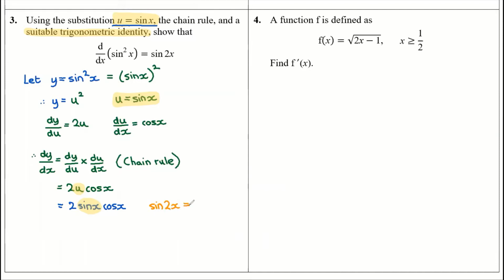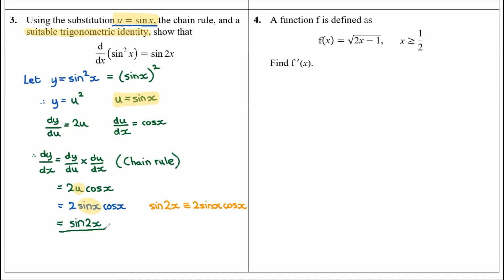So sine of 2x is identical to 2 sine x cos x, just a standard result. So we are fully entitled just to say this is equal to sine of 2x, as required. And you'll see we've got to the same answer, just using a different route, and we had to use a trig identity as well, which was nice.